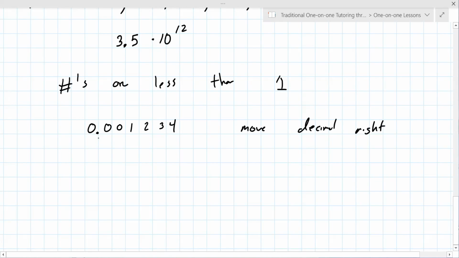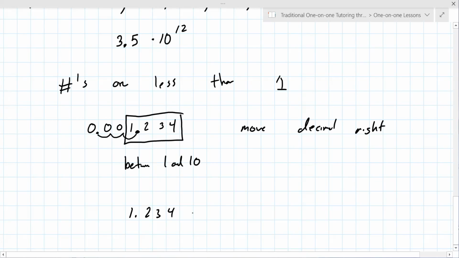Okay. And I stop right there. The reason I stop right there is because this number, this thing I'm boxing in, is between 1 and 10. So it's 1.234 times 10.